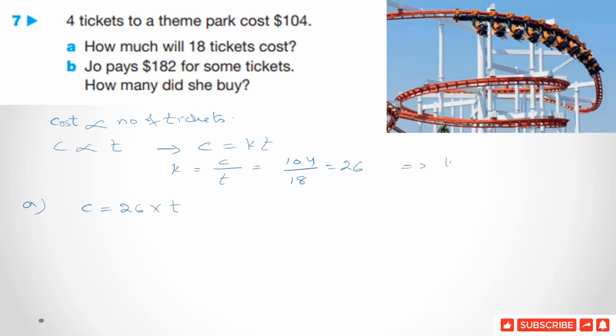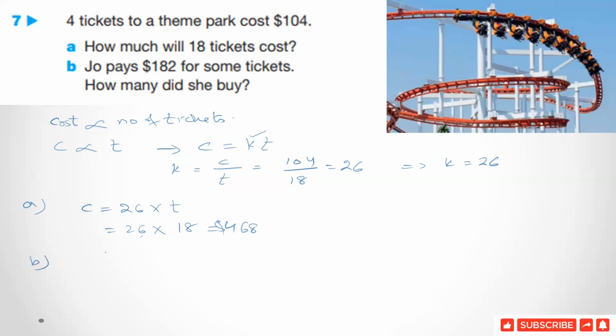This shows K is equal to 26. And now we put the value of K in this equation and we got C is equal to 26 times T. So 26 times 18. How much I got? Quickly tell me. I got $468 to pay. Hopefully I am right.